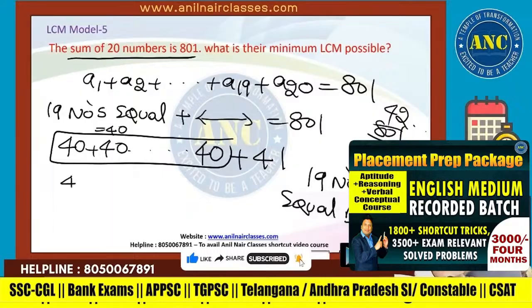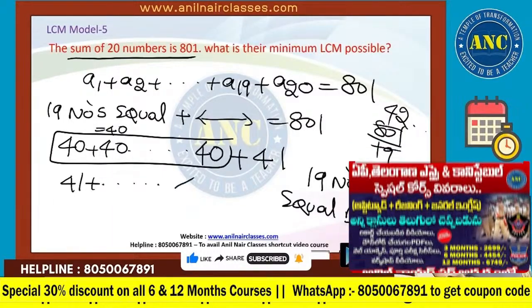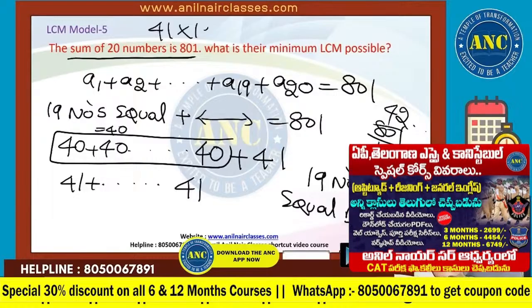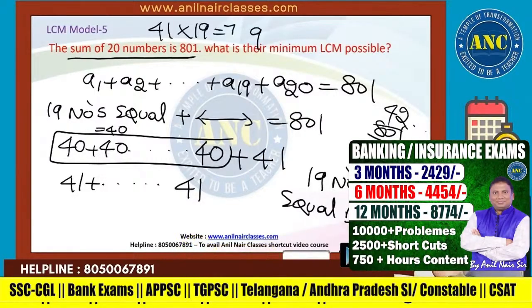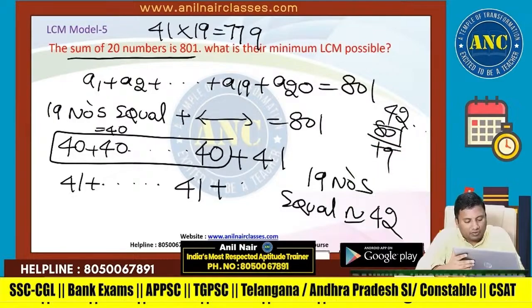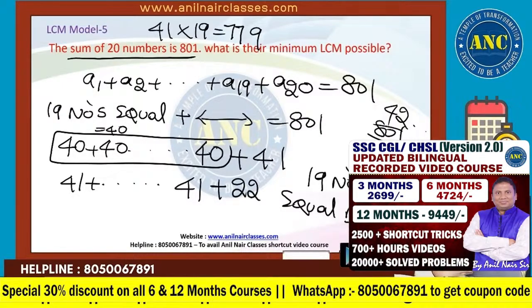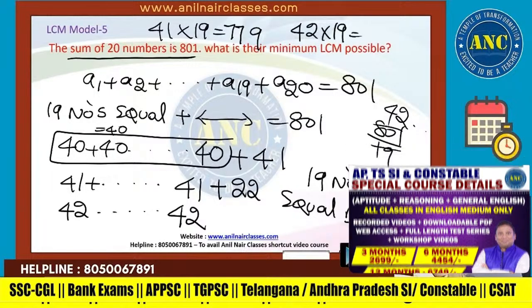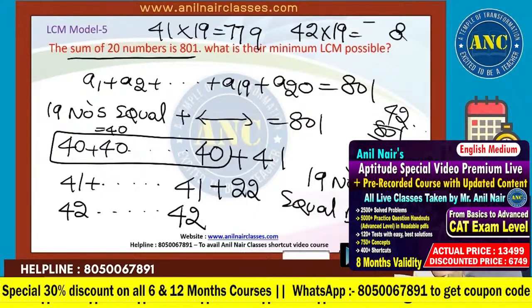Let me take 41. 41 added 19 times is 779, plus 22. Next number could be 42. 42 added 19 times is 798, plus 3.